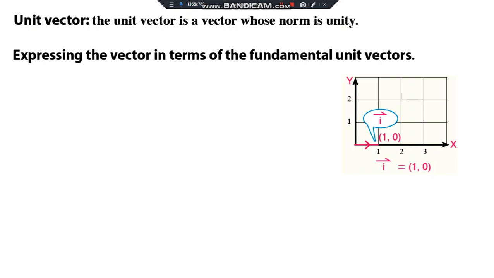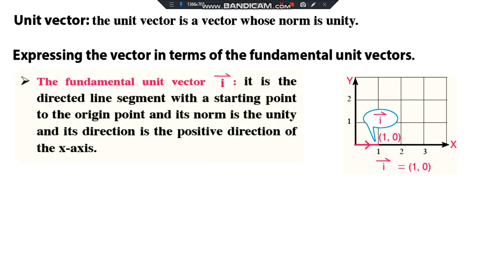We have the x-axis, represented by i, the unity vector in the x-axis. In Cartesian coordinates it will be the ordered pair 1 and 0. So in fundamental form, 1 and 0 equals the vector i.